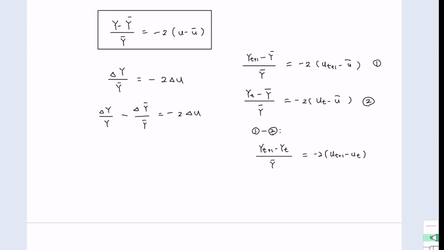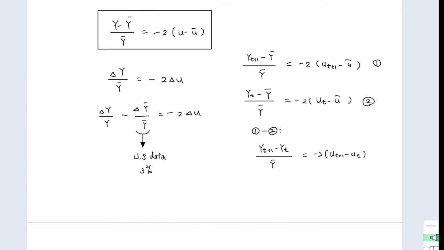Given that the changes in a ratio equal the changes of the numerator minus the changes of the denominator, the left hand side can be converted into the changes in y minus the changes in the full employment output level, and the right hand side is still minus 2 multiplied by the changes in the unemployment rate.